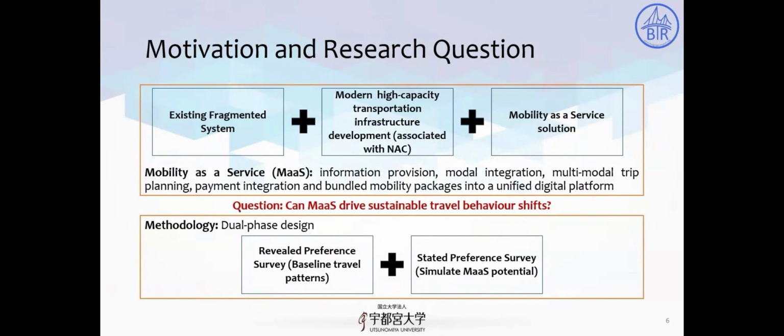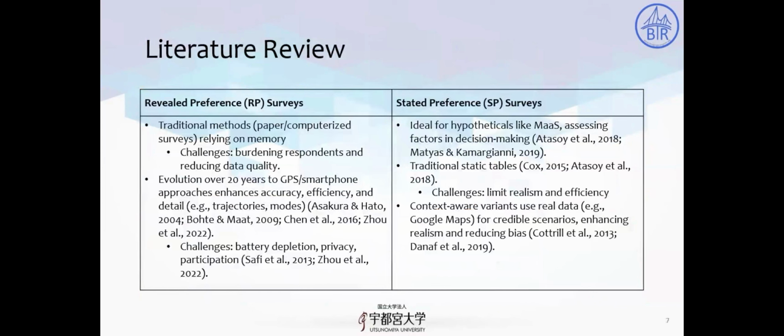For this reason, we developed this dual-phase design, which considers a revealed preference survey integrated with a stated preference survey to simulate the MaaS potential, or put people in such hypothetical scenarios where they can choose, allowing us to understand the impact more vividly.